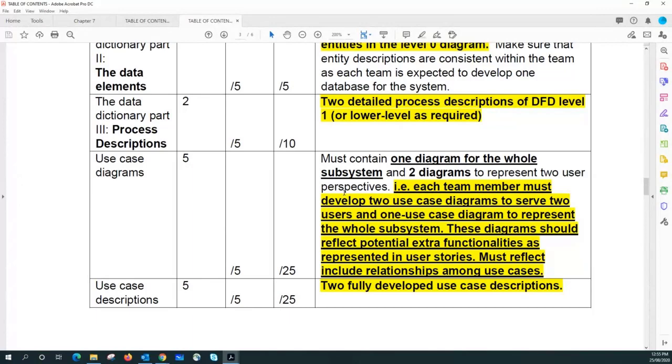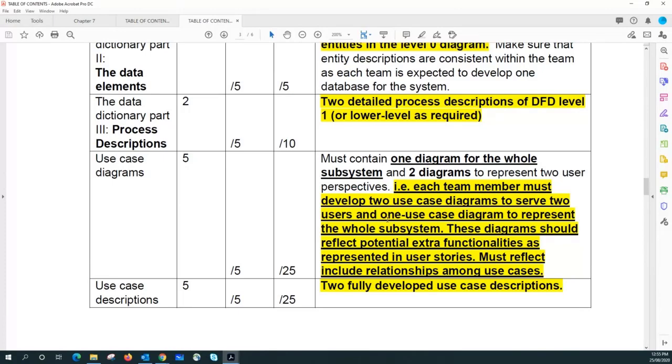Take two actors, and you can develop two different use case diagrams for both of these actors. So basically you need to submit three diagrams: one for the whole subsystem and two diagrams for two separate actors. Yeah, that's what it says here.